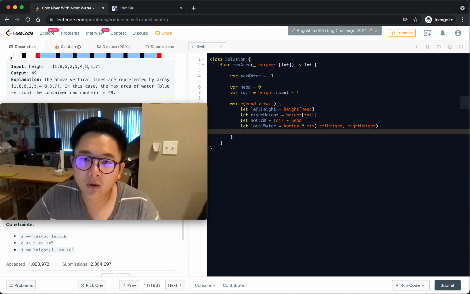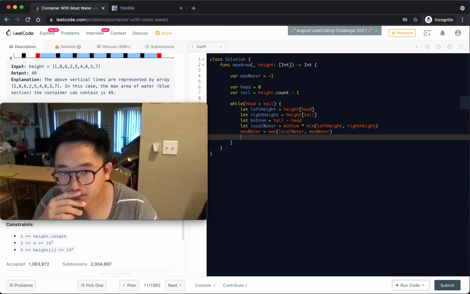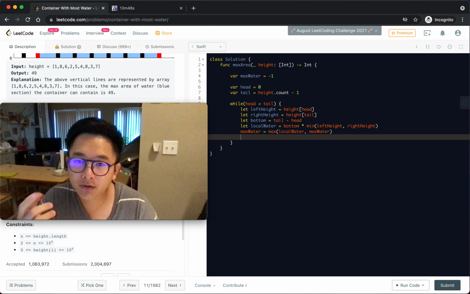All right, so next we're going to compare it to the global max water. So max water will be equal to max of local water and max water. Now we have compared the local water to max water. What we need to do is advance one of the pointers.